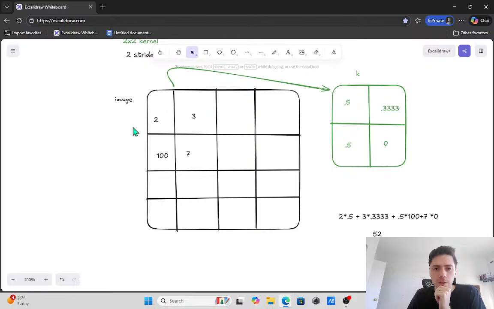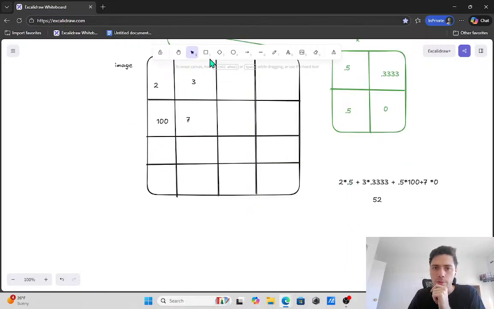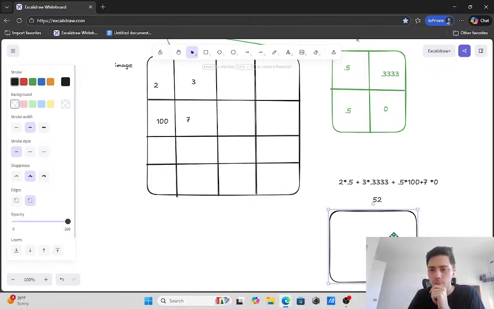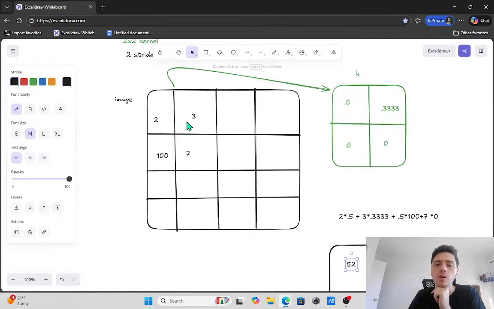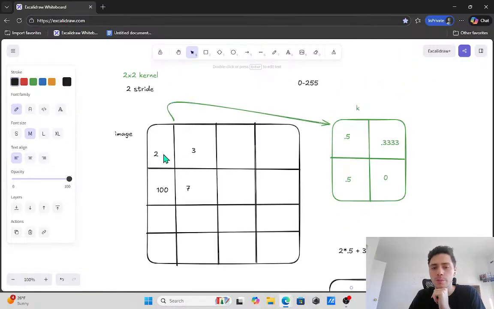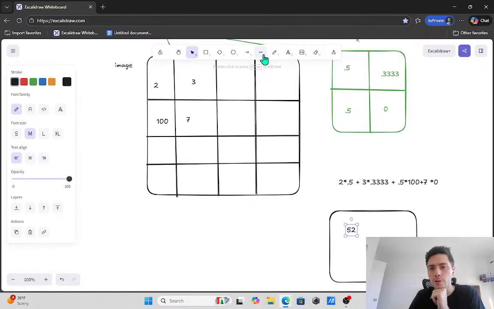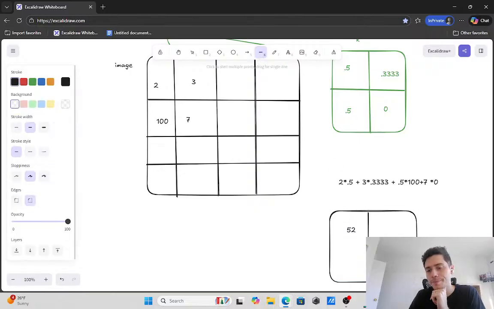So we get 52, and that value would go into the first value of our new matrix. Because this is a 4x4 and we're doing 2x2 strides, this would be 1, 2, 3, 4, so we'd end up with a 2x2 matrix at the end.